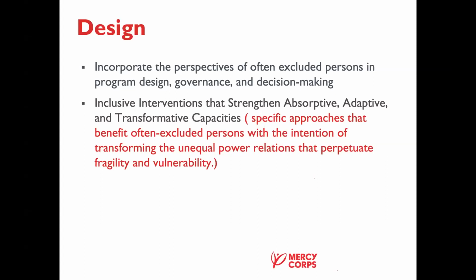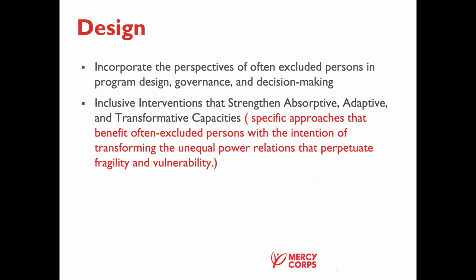And of course, one of the very important things is that when we are reaching out to the excluded persons in our designs, in our programs, the inclusive interventions that we are thinking about have to strengthen absorptive, adaptive, and transformative capacity. What does that mean?